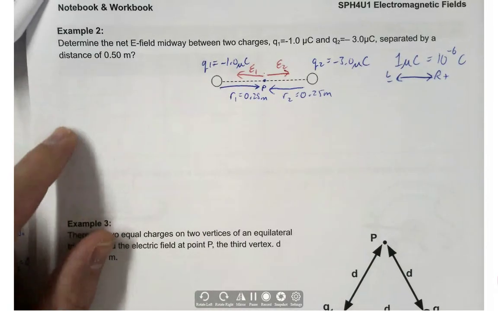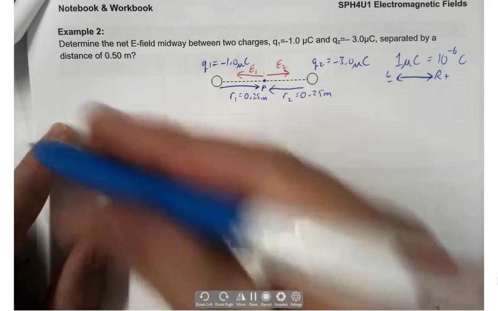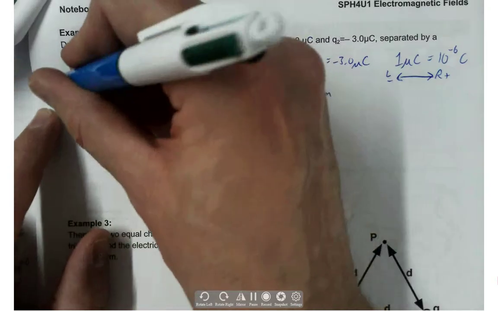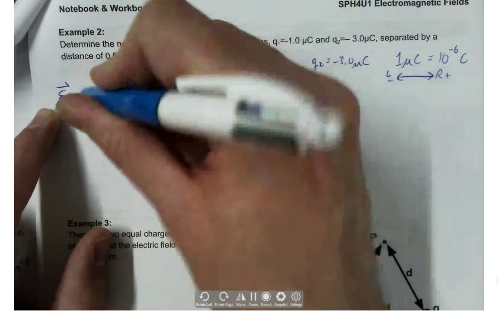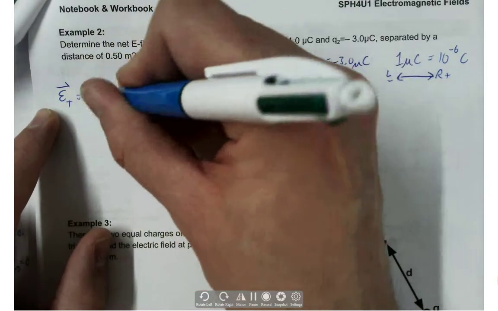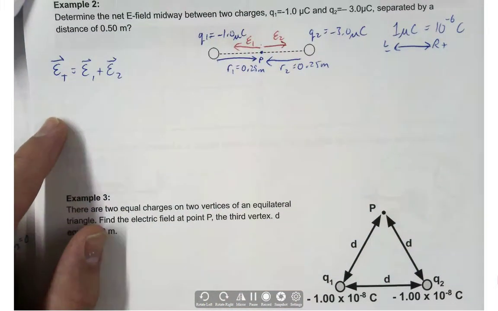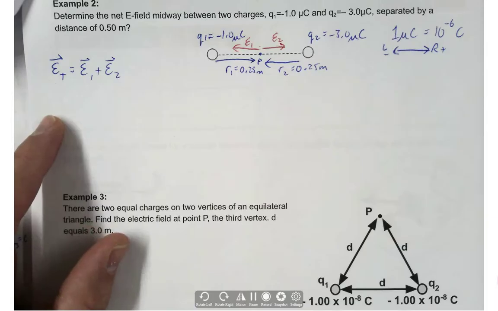All right, so we've got our physical map drawn out here. Kind of like a free body diagram, but not really. A field orientation diagram. So the total electric field is going to be epsilon 1 plus epsilon 2. Some people will call this field superposition, because by saying that one charge causes one electric field and the other charge causes the other, there's no such thing as electric fields crisscrossing at a point.